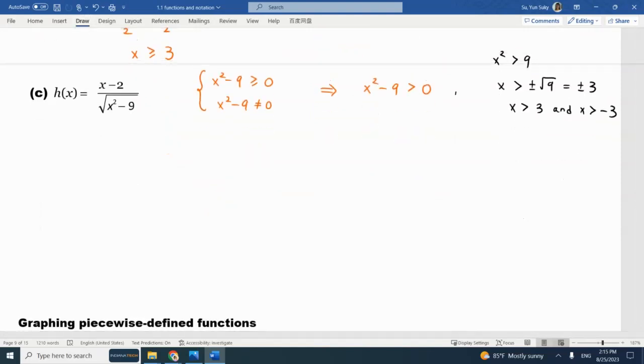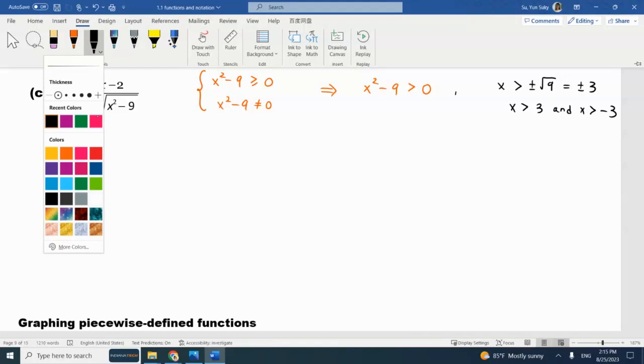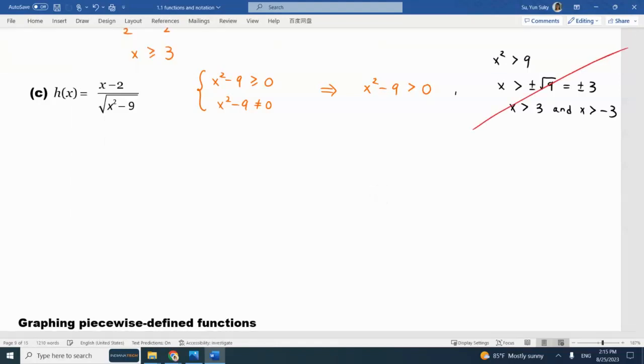Okay. So this is wrong. Let's see. What we should do is factor the left-hand side. Move all the terms to the left-hand side and factor.